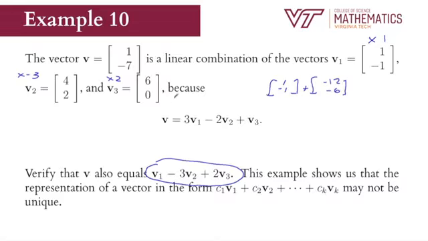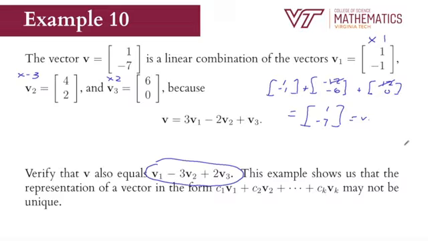And then the third vector gets multiplied by 2, so that's going to be positive 12 and 0. When we add those together, negative 12 and positive 12 cancel, so we just get 1. And then negative 1 and negative 6 is negative 7 plus 0. So that's also equal to v.